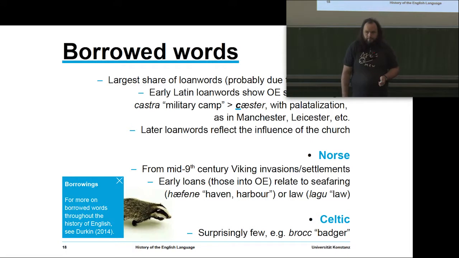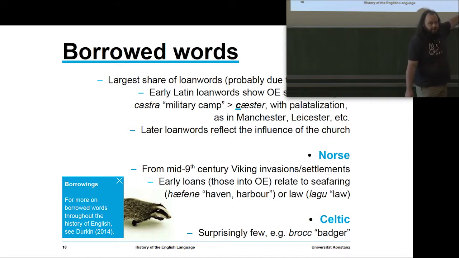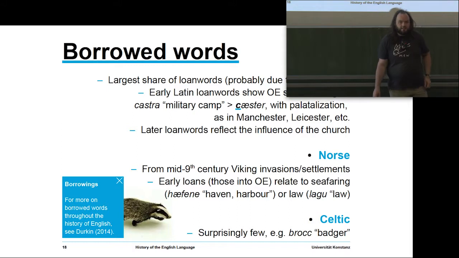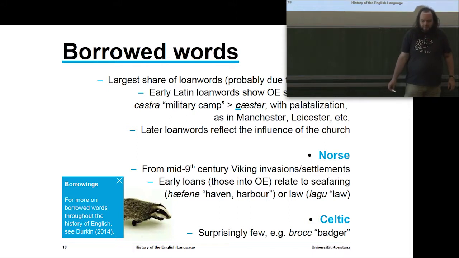And then when it comes to the Celtic influence, we don't actually find enormously much. And this is one of the mysteries of English historical linguistics. Given that when the Anglo-Saxons arrived, they were not hugely many, and there must have been Celtic speakers already there.